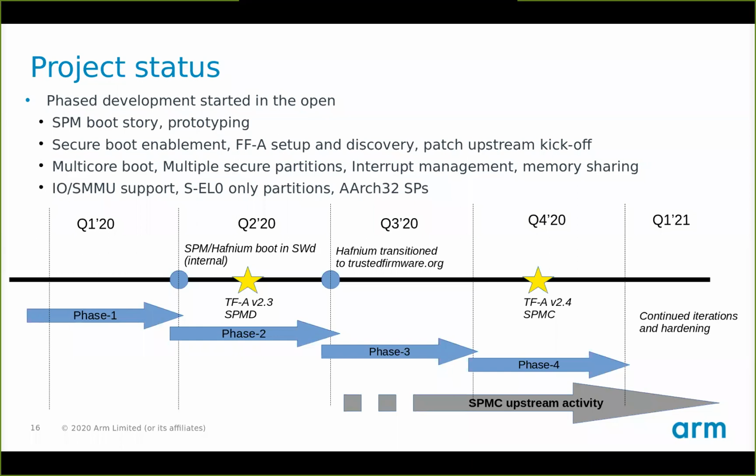So maybe two bullets as an answer. Andrew might comment more, but I think the SMMU or IOMMU support is already configurable as a module within the Hafnium code base, and there are hooks onto which we can plug specific IP code.